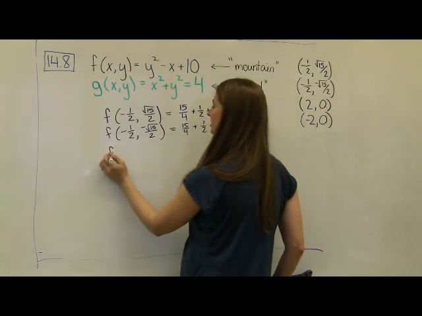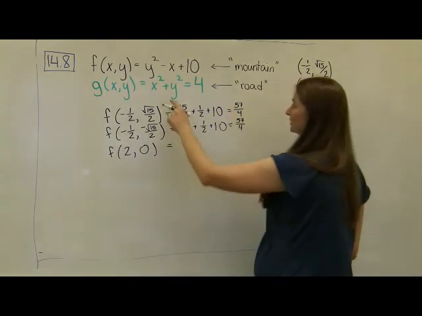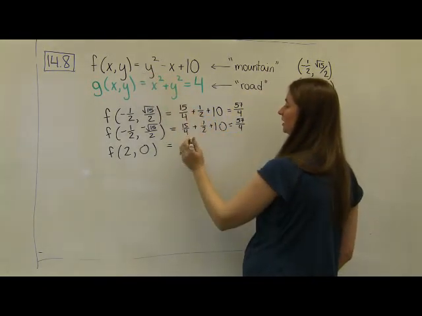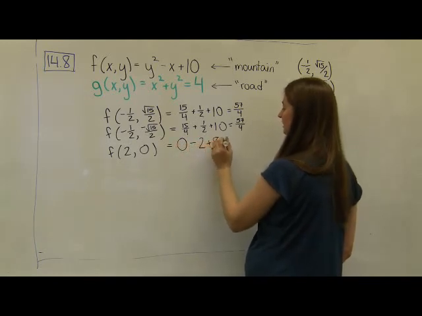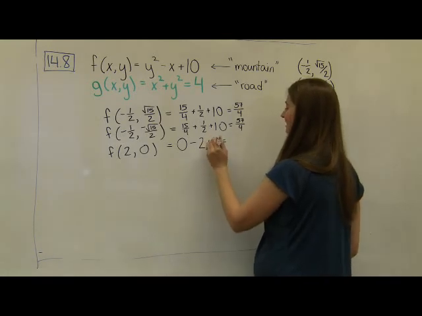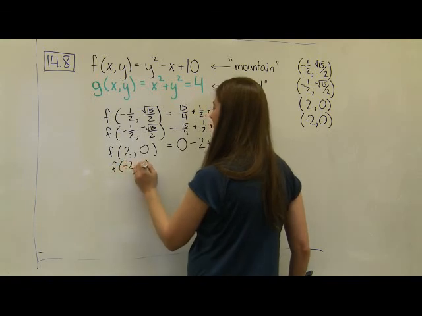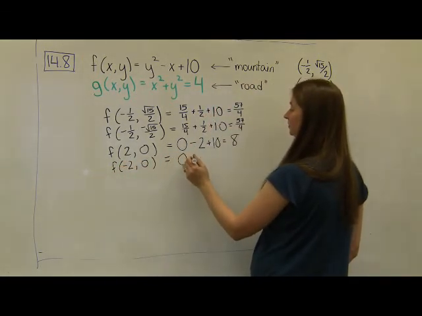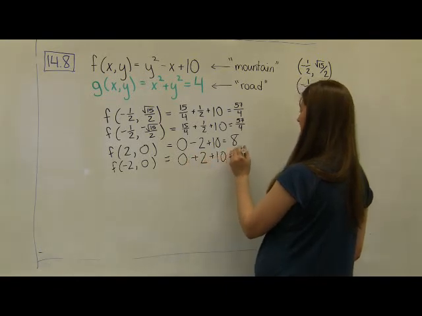If I look at f of (2, 0), I get 0 squared minus 2 plus 10, which is equal to 8. And then f of (-2, 0) is equal to 0 plus 2 plus 10, which is equal to 12.